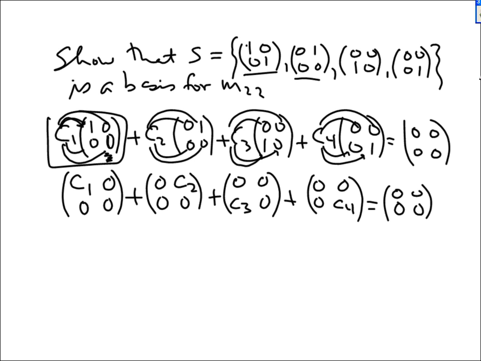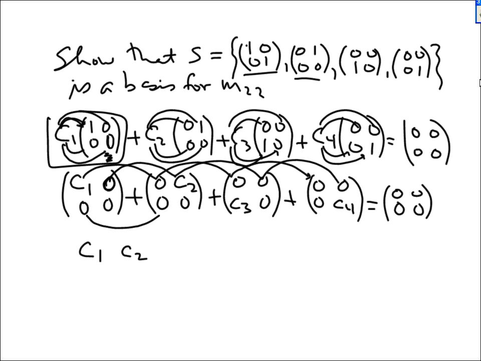Now, what do you get for the 1, 1 position? What do you get when you add those four values? C1 plus 0 plus 0 plus 0. You get C1. For the 1, 2 position, 0 plus C2 is C2 plus 0 plus another 0 is just C2. 0 plus 0 plus C3 plus 0 is C3.